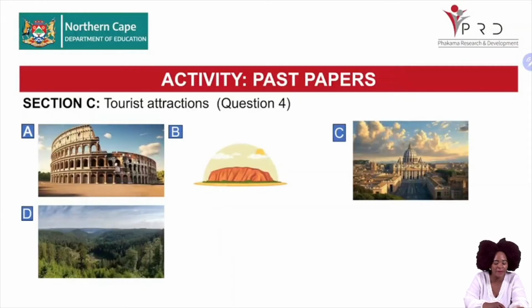So in A, here is the picture. B, you can see the picture, and you can identify this picture, grade 12 learners. And also C, I want to believe that you are able to see that picture. And also D. Please identify these pictures, grade 12 learners. I give you 2 minutes.